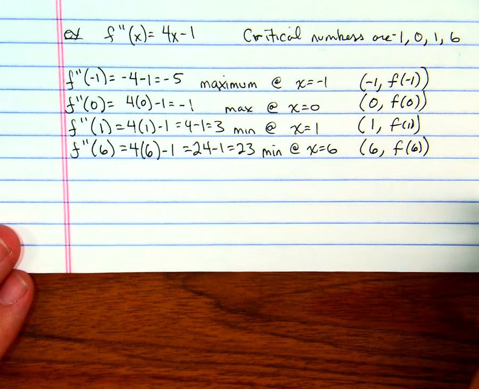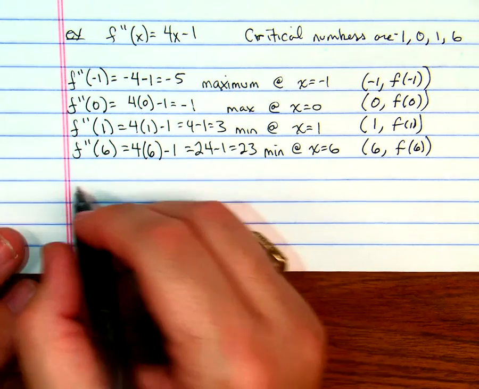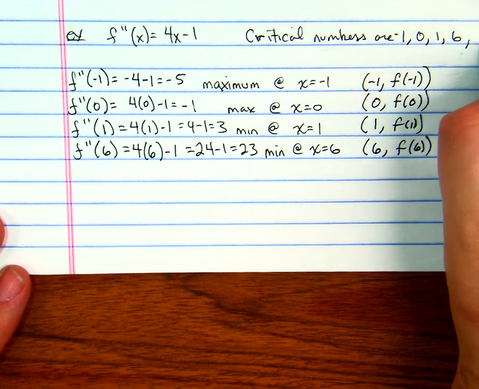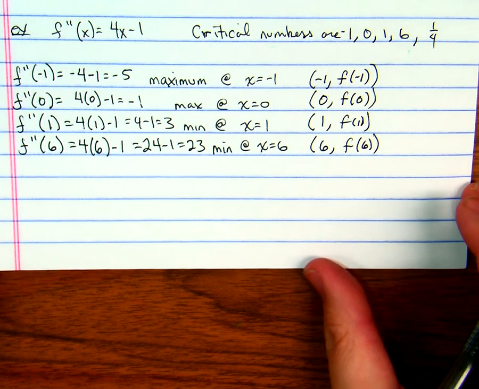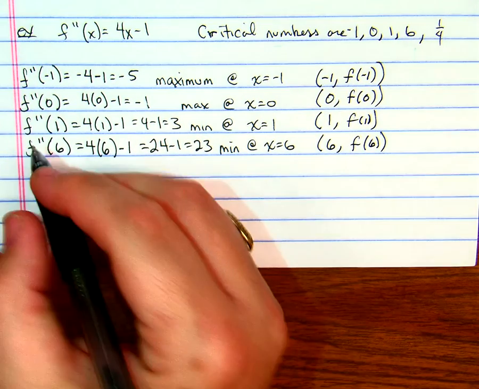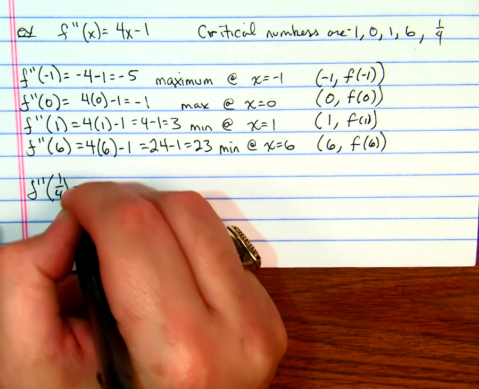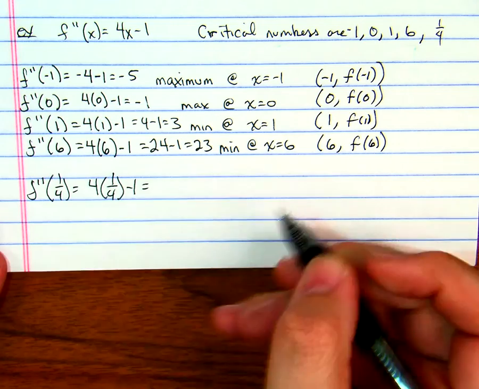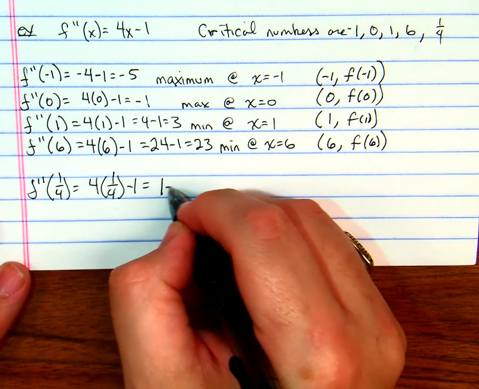Well, what happens if it was 0? Let me give you another one. How about this? 1/4 is a critical number. F double prime at 1/4 is going to be equal to 4 times 1/4 minus 1. Well, what's 4 times 1/4? 1. So I get 1 minus 1, which is 0.